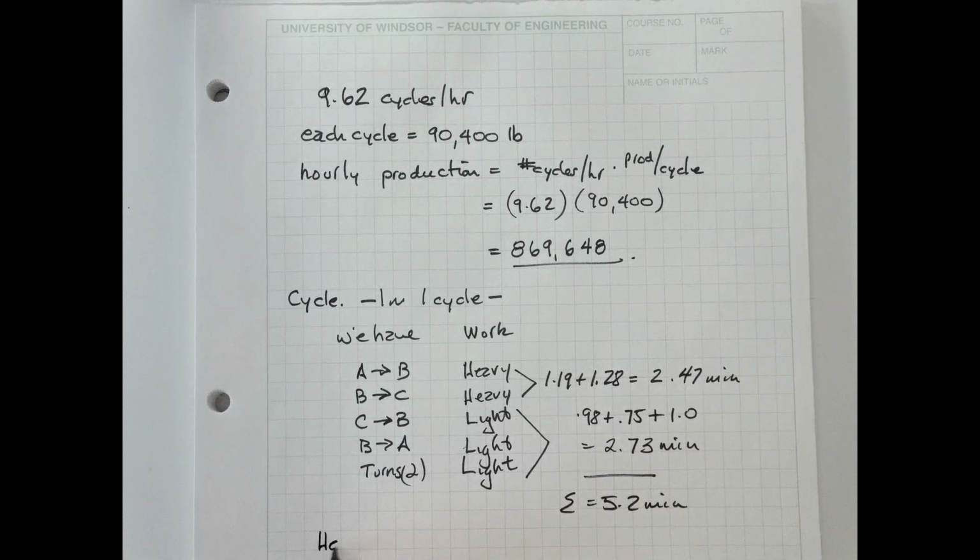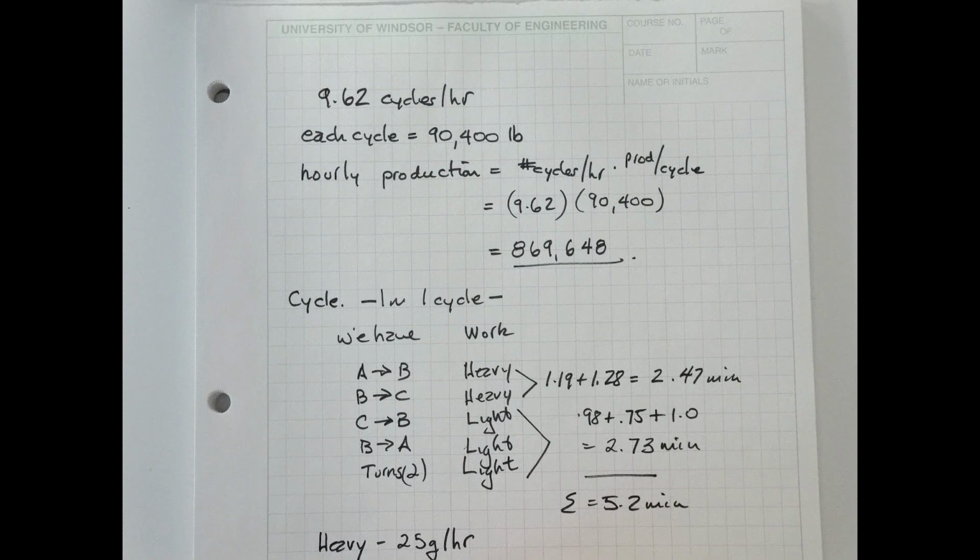So if we're told that the vehicle at heavy production consumes 25 gallons of diesel an hour, and at light it only consumes 6 gallons diesel per hour, our fuel consumption when we're operating is equal to 25 gallons per hour multiplied by 2.47 minutes plus 6 gallons an hour multiplied by 2.73 minutes, all divided by 5.2 minutes.